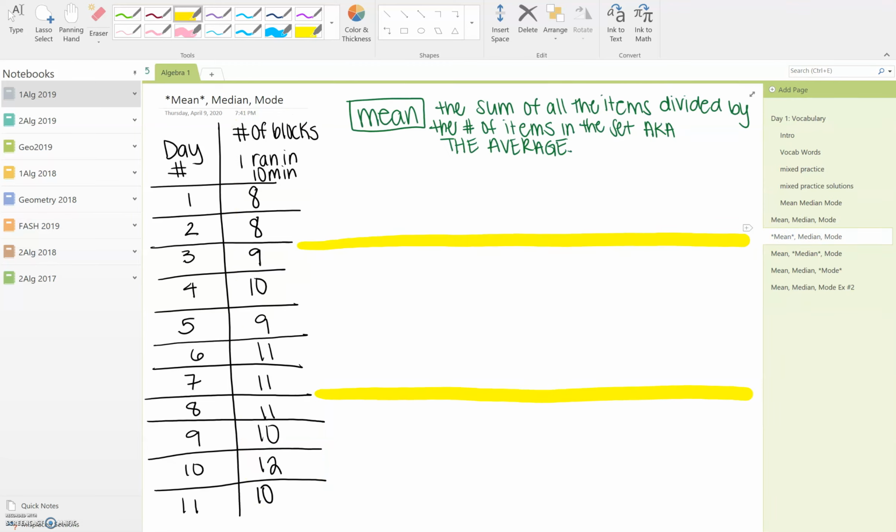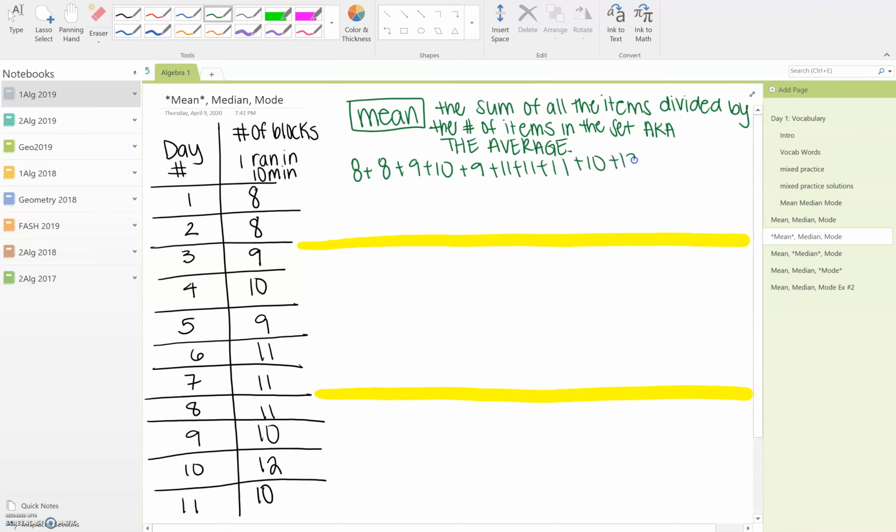So to find the mean means that we're going to find the sum of all of the items divided by the number of items in the set. In other words, we are literally just finding the average. So that means I'm going to do 8 plus 8 plus 9 plus 10 plus 9 plus, I have 3 11s, so 1, 2, 3.